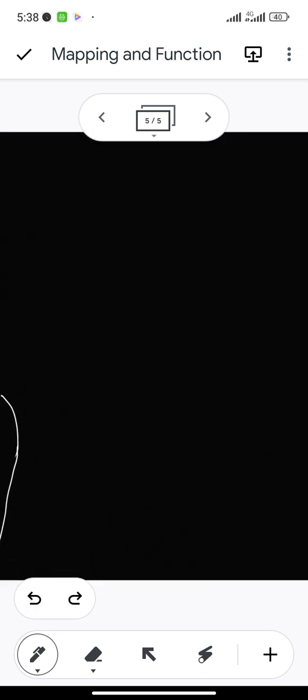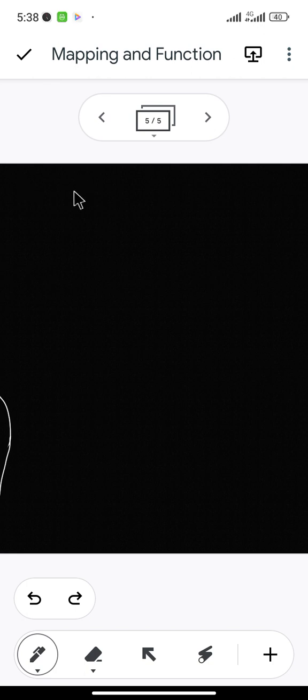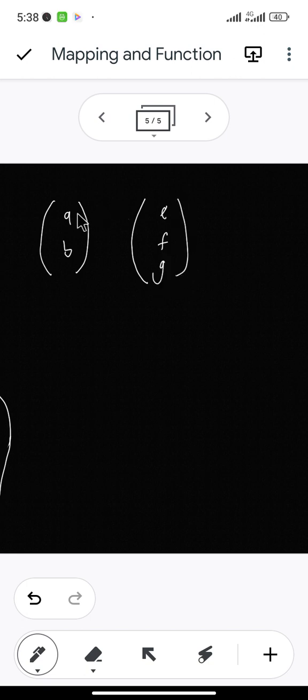Let me give you another example. You can have A and B, and you can have E, F, G. This is mapped to this. This is mapped to this. Now, this is not an onto function.